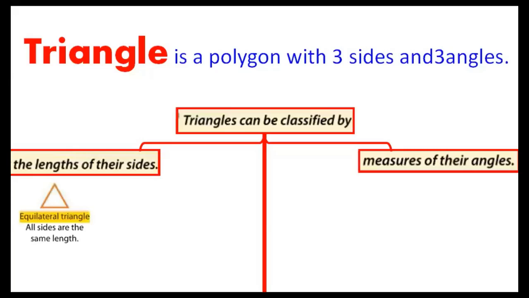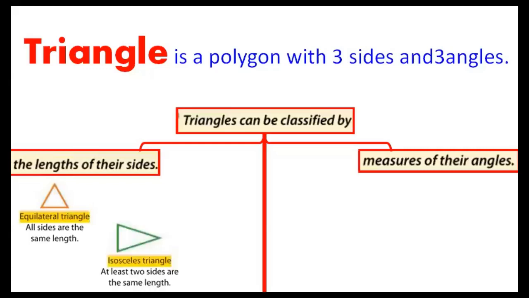Okay, so we can start with equilateral triangle, in which all sides are equal in length. So the first type, according to the side length, is equilateral triangle. All sides are equal in length, so the name of the triangle will be equilateral triangle. The second type, according to the side lengths, is isosceles triangle.